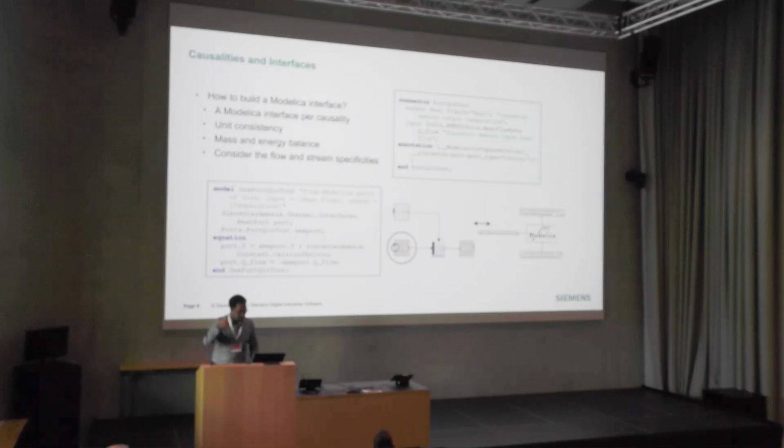For thermal, we have two variables, heat port and temperature. As you can see, we manage the consistency of the unit because it's not the same unit in Amesim and in Modelica. We also manage the energy balance, considering the flow types or stream specificities.